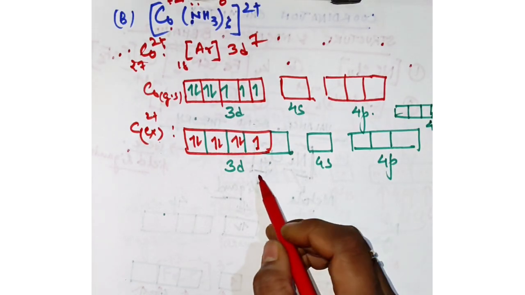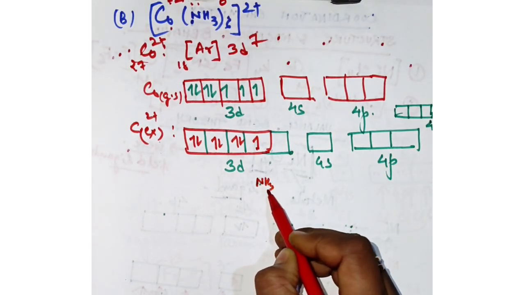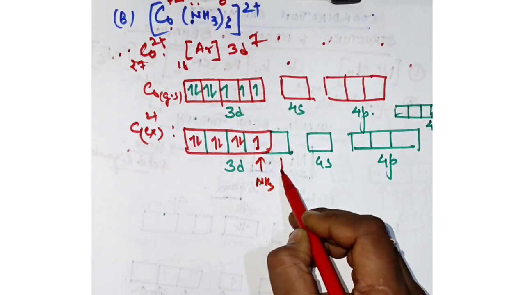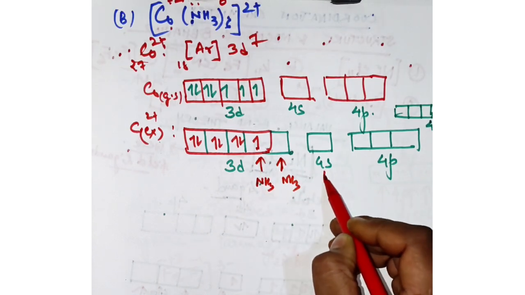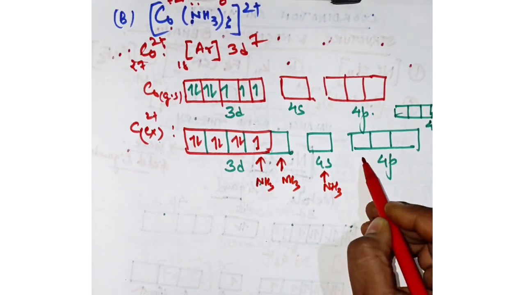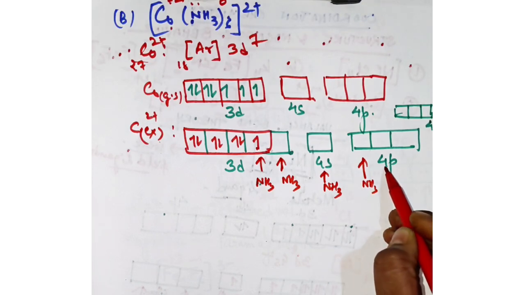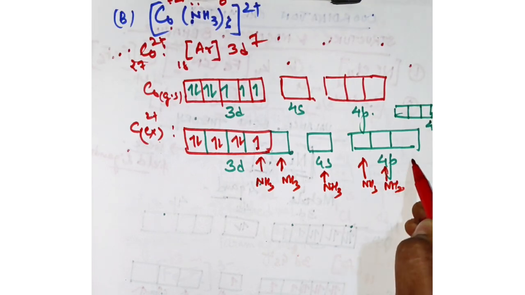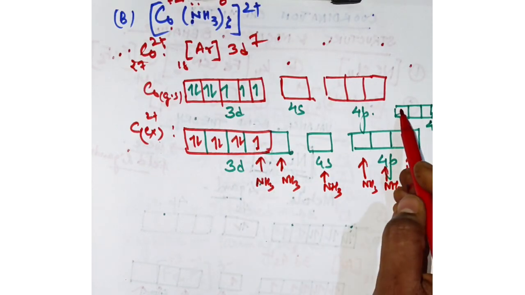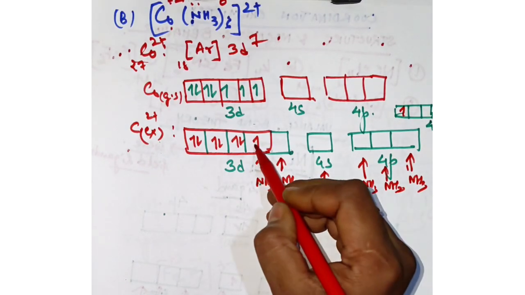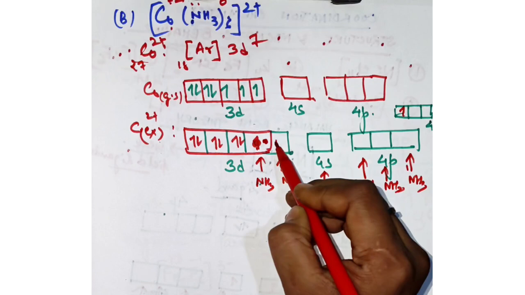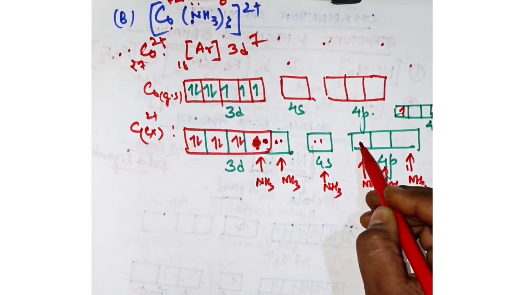So what is ammonia going to do, this NH3 will come out here, because how many NH3? 6. 1, 2, 3, 4, 5 and 6 NH3. So this electron will shift here, and now there will be only the lone pair of ammonia out here.